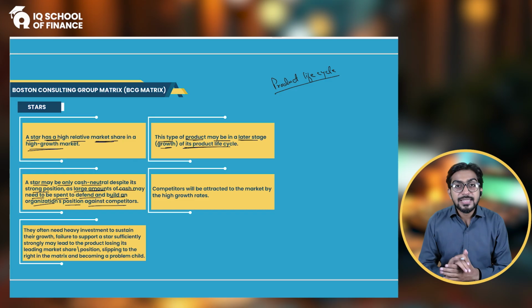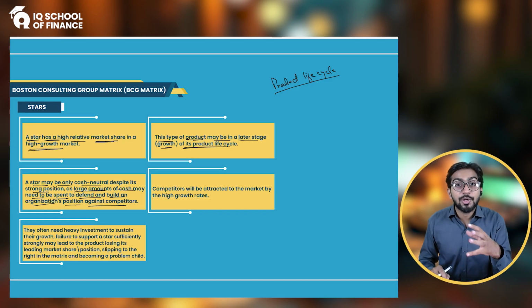So the BCG matrix actually tells you that for a star product, since you have a high market share and the market is going to grow as well, you should spend as much as possible. Into what? Into your marketing, into research and development, so that you can become better and better, because the market is going to grow and you should also grow with the market. And how can you grow?